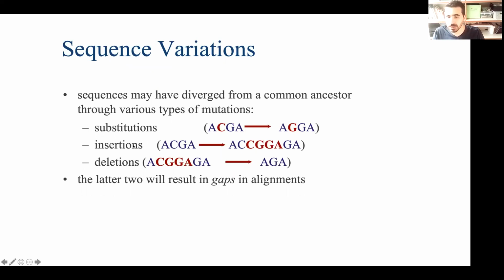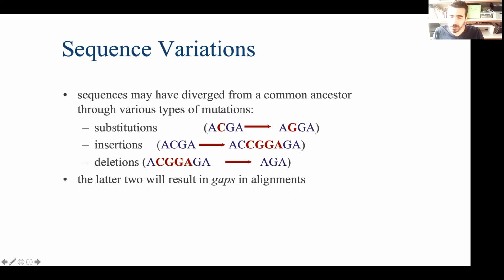So also insertions. This is an insertion, for example, AC, then these four letters are inserted here. So that's why insertion is also a problem in sequence alignment, as well as deletion. Some part of this sequence might be deleted. So how do we take these events into account? For substitutions, we have to allow some mismatches. This is important.